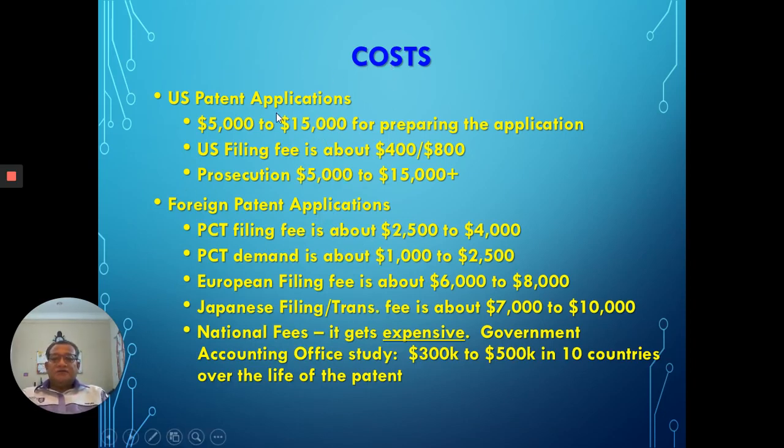As far as a United States patent application, it ranges from 5,000 to 15,000 to prepare the application, and your filing fee is another 400 up to 800. So if it needs some prosecution, somebody breaches your patent, then the cost is 5,000 to 15,000.